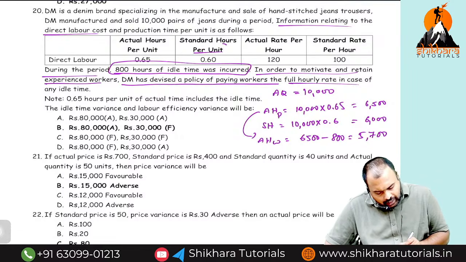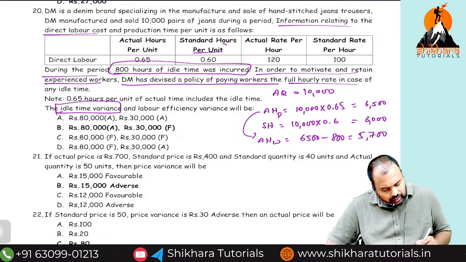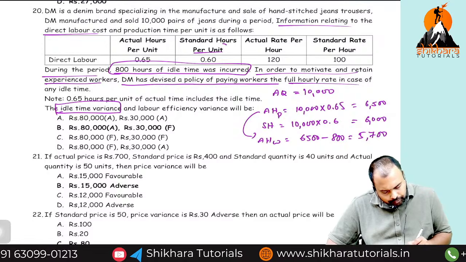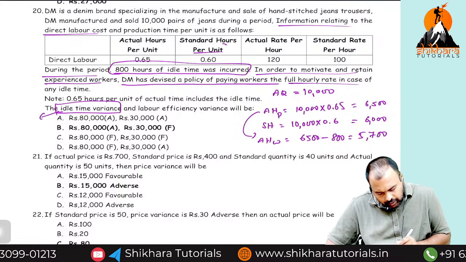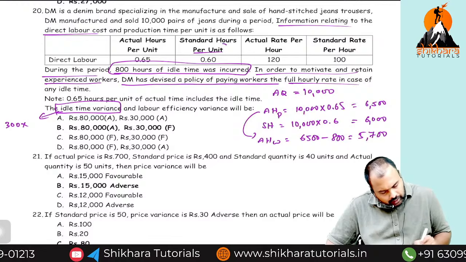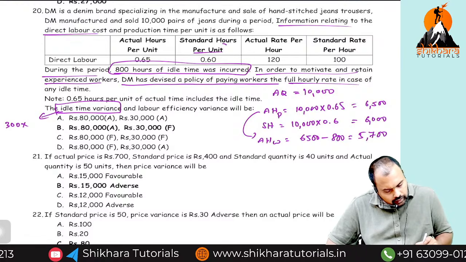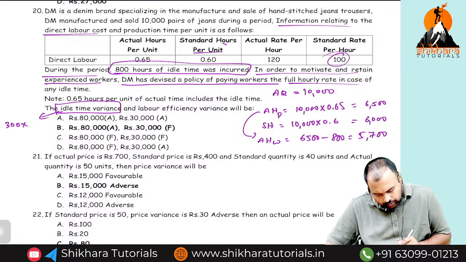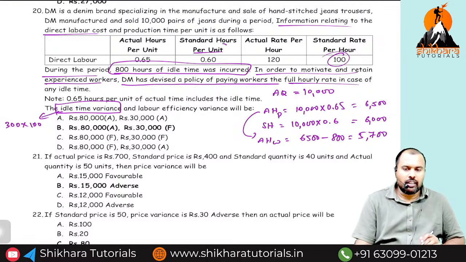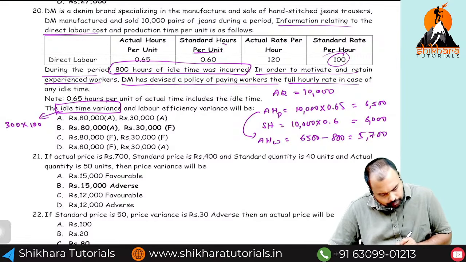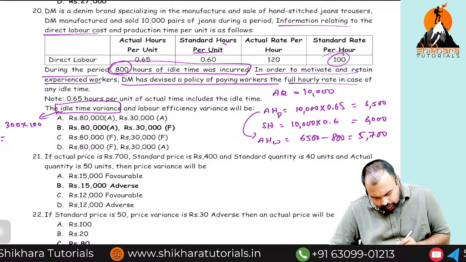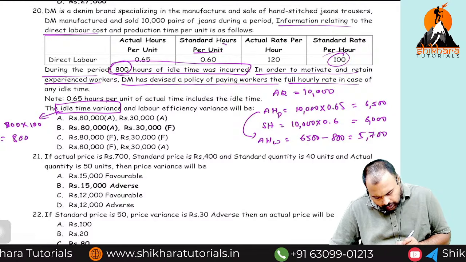Then the idle time variance, first idle time variance, that's nothing but idle time into standard rate. Standard rate per hour is 100. Idle time is 800, which is 80,000.